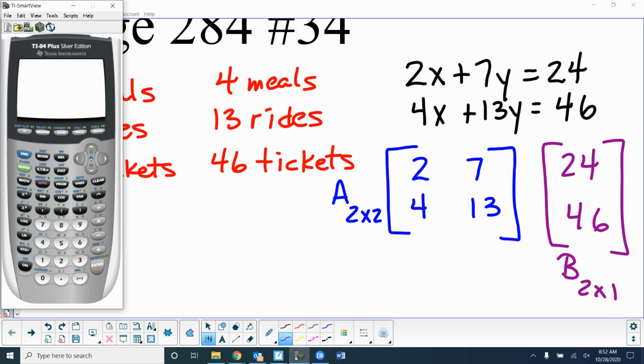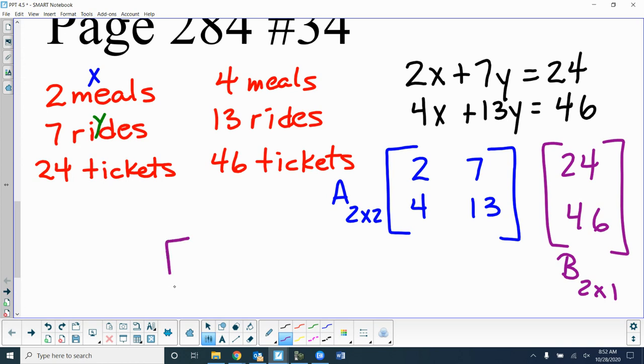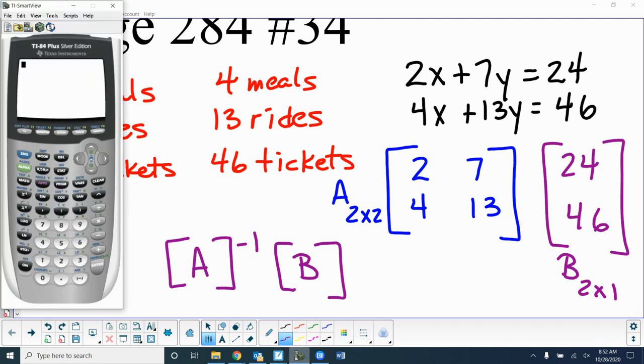So the way you solve this is you're going to put in your calculator A inverse B. Okay? So you're going to put A in, then you're gonna hit the inverse button, which is the one that you hit to get to matrix, but you don't hit second, right? That x to the negative 1, isn't that the button you're hitting? That's x to the negative 1 power, that button you've been hitting. Okay, that gives you the negative 1.